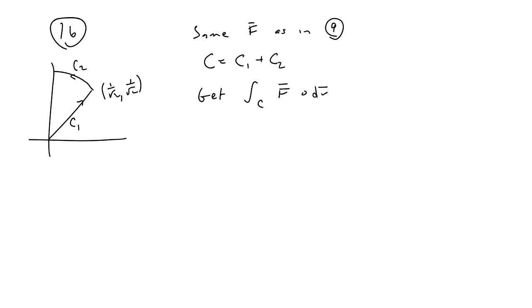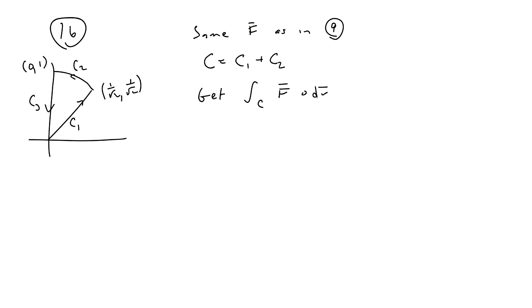And so the idea is, well, I can see that that last one, let's call this C3, is a fairly easy line, because it's going along, this is 0, 1. It's going from 1 to 0, 0, therefore x is 0, so it's going to be a pretty simple parameterization.